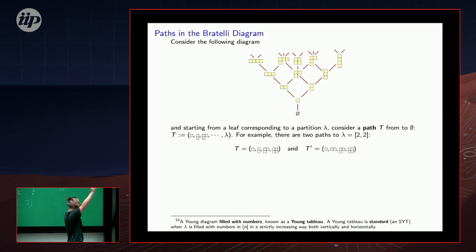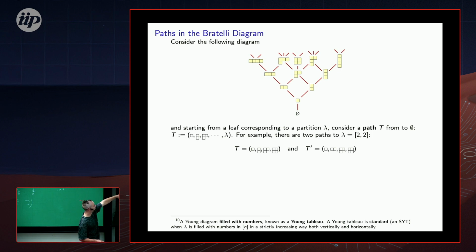So you start from a leaf and you make a path down, or you can consider constructing the leaf from the empty partition. Anyways, it's the same. And we will use T to label this path. Here are two paths that lead to the partition 2, 2. For example, I can go first to 1, 1, then to 2, 1, and then to 2, 2.